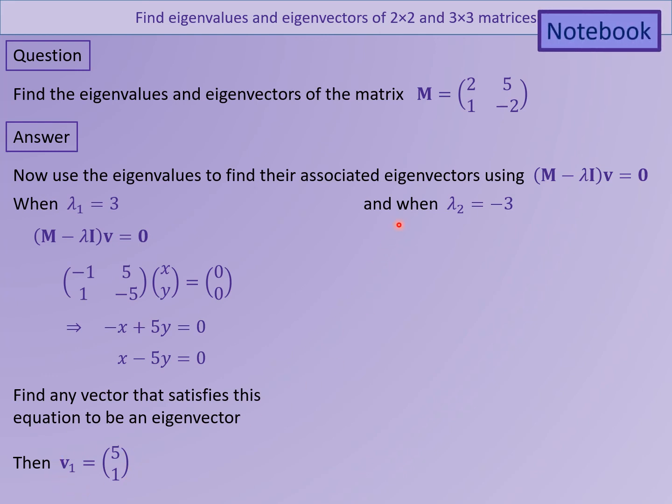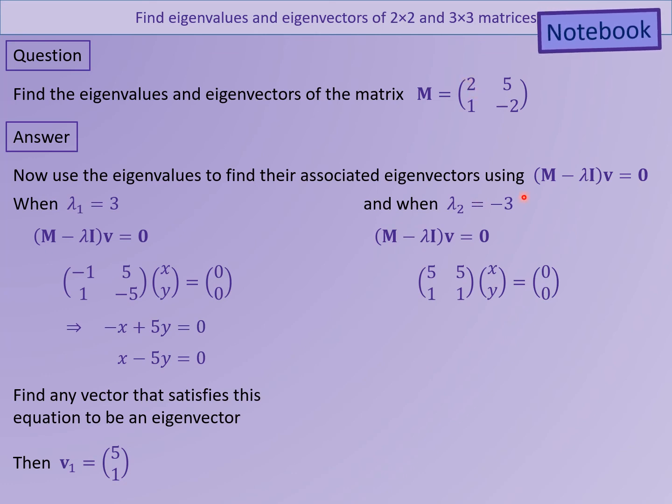Right, let's just repeat the same process for the other side, and therefore get our second eigenvector out. So we've got (M minus lambda I) v equals 0, same idea. This time we're substituting minus 3. Just check you're happy where these numbers come from. So you put in minus 3 into this equation just here, because it's here.